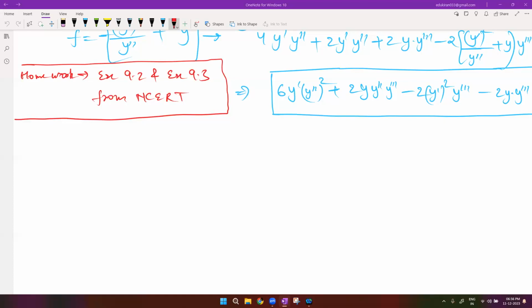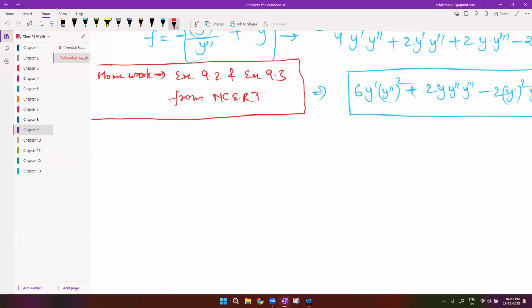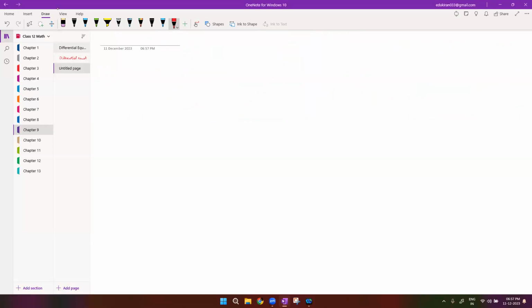Before we move further, if you have any doubt in the exercise 9.2 and 9.3, please feel free to ask. You may have faced some difficulty in exercise 9.3 because there were questions which were basically word problems.